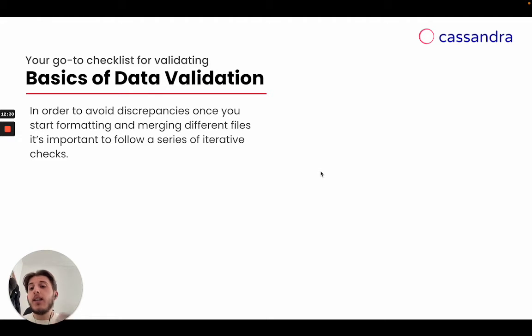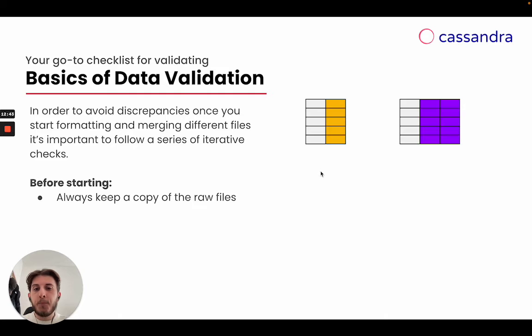So do this iteratively on every step of the merging, on every step of the formatting, and you will be 100% sure where the discrepancy happened, and it will be a lot easier and a lot faster to debug this. So imagine you start with 2 different datasets, such as the revenue and Facebook, okay?